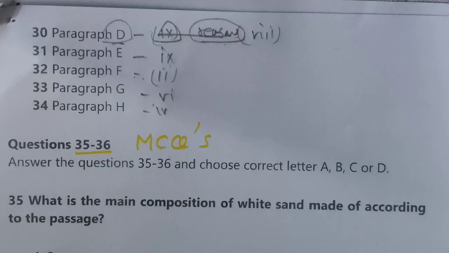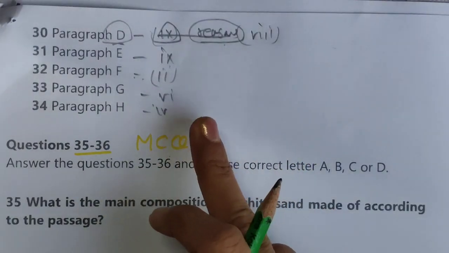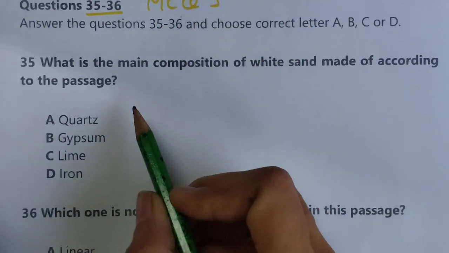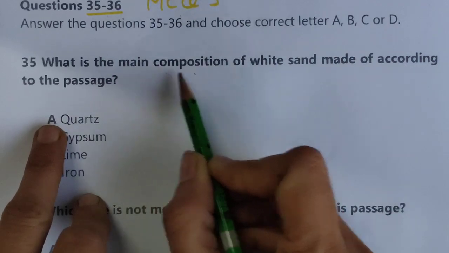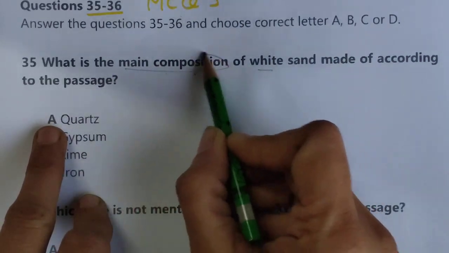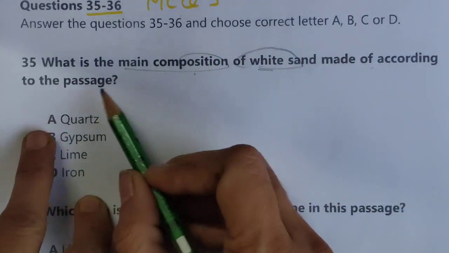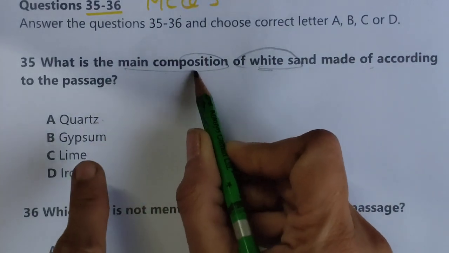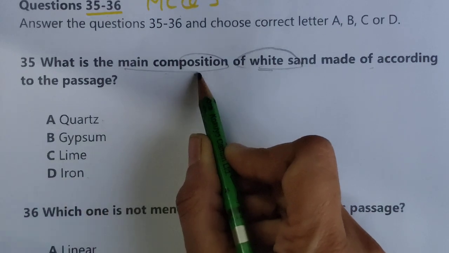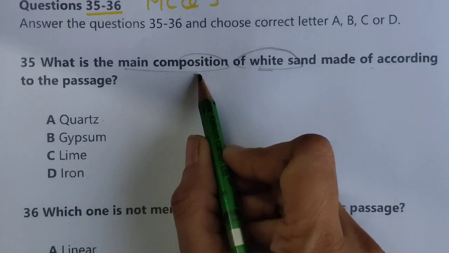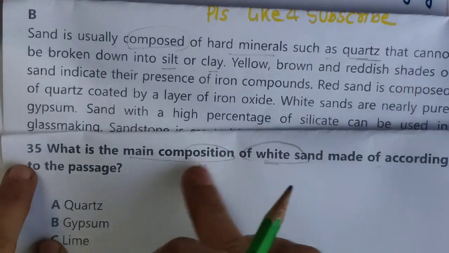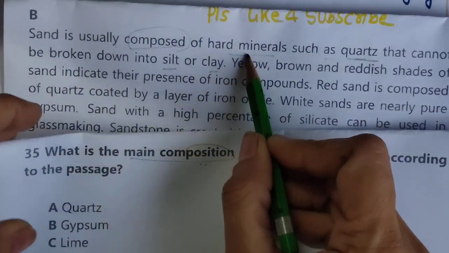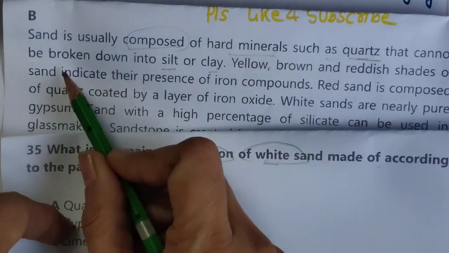Now we have done all the list of headings questions. Now coming to the MCQ questions, two questions are there. What is the main composition of white sand, according to the passage? Four names are given. We know they were talking about this main composition in the second paragraph. Sand is usually composed of hard minerals such as quartz that cannot be broken down.